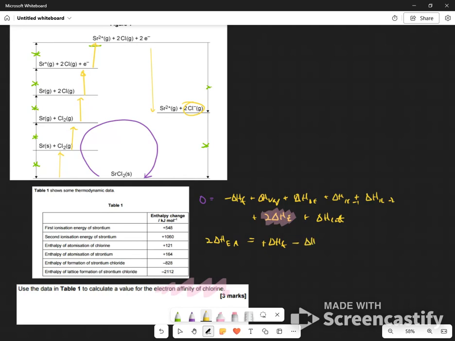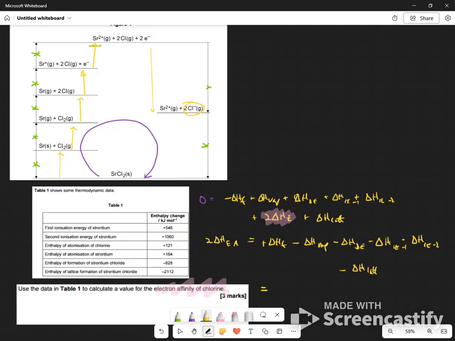Minus delta H vaporization, minus the bond energy, minus the first ionization energy, minus the second ionization energy, minus the lattice energy. All of that should give me 2 of those.